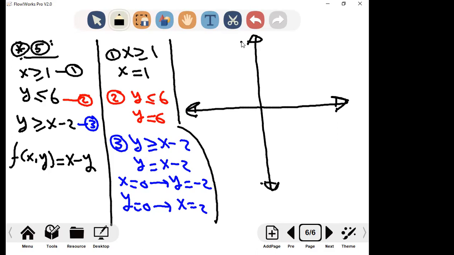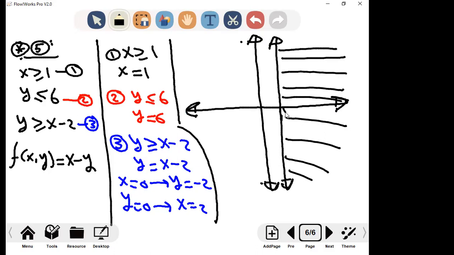First one, x equal 1. But now if you have a vertical line, less than means to the left, more than means to the right. If you have a horizontal line, more than means up, less than means down. Here x is more than 1, so I'm going to the right.